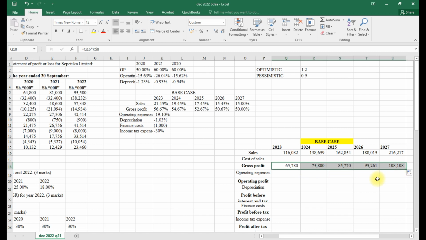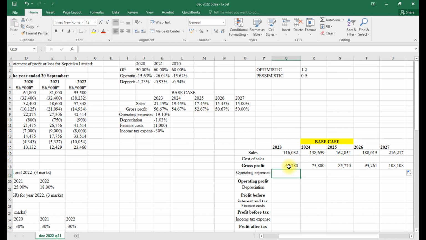And I drag these now along, that way, whereby when you look at this one, it has calculated R16, and R16 is this, and L8 is this, and when you come to this one, it has captured S16, which is this, and it has captured M8. Our M8 is this, so that is our gross profit.